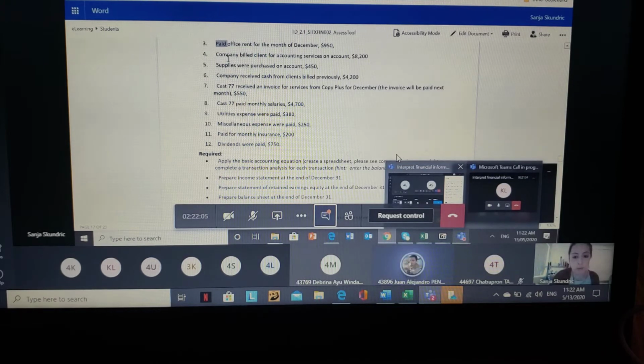As well as the monthly insurance that was already paid in the previous current assets, wasn't it? See, they've prepaid. So, Alejandro, you're talking about this section because they've already prepaid their insurance and their rent. However, I don't know for what months or for how long they've prepaid it.